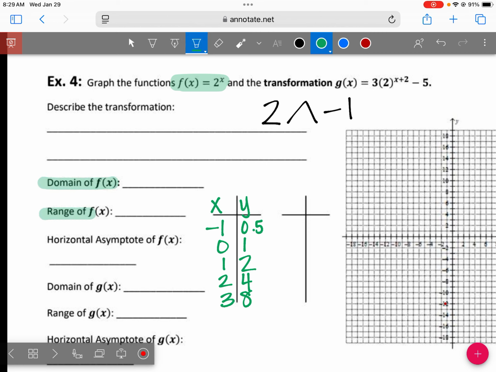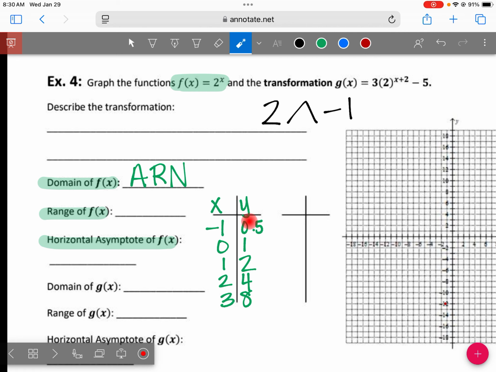Everything that you see highlighted in green, these all go with the parent. The domain of every exponential function is all real numbers. I'm going to abbreviate that ARN. Now let's look at your table. When you look at your table, do you see how your x values are positive and negative? That's how I know it's all real numbers.